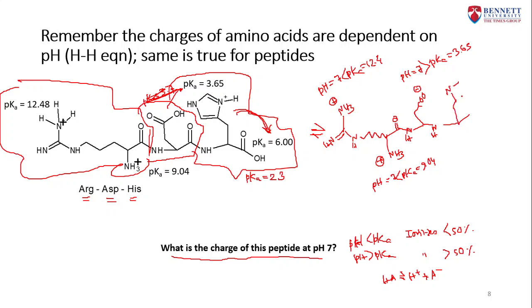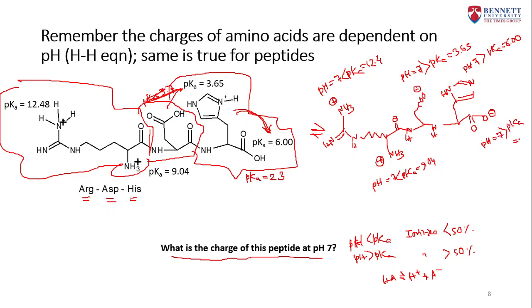The imidazole group, sorry for the mistake. This will also lose its proton, because pH 7 is more than its pK of 6. And finally we have the COOH. That will also lose its H plus, because pH 7 is more than its pK of 2.3.